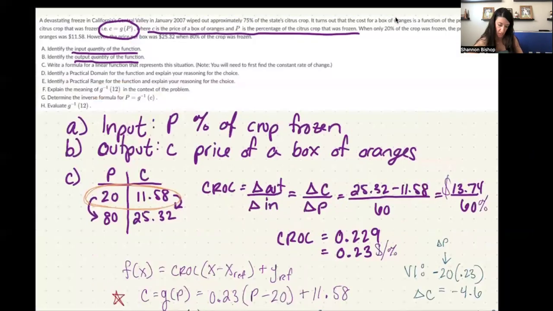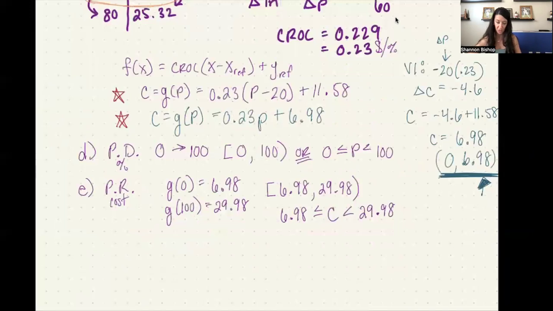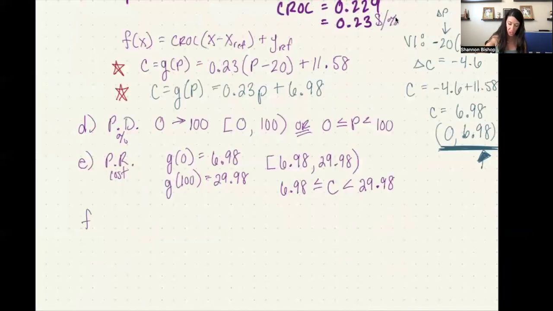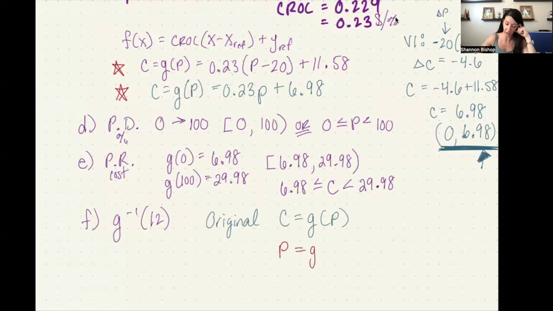What's next? Explain the meaning of G inverse 12. Okay, so without having to do any actual formulas yet, G inverse of 12. Well, remember, for inverse functions, the input and the output are simply reversed. So if the original function was cost is a function of percentages, well then in the inverse formula, percentages would be a function of input cost.